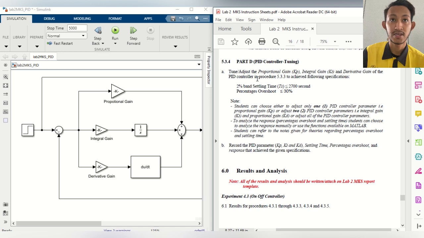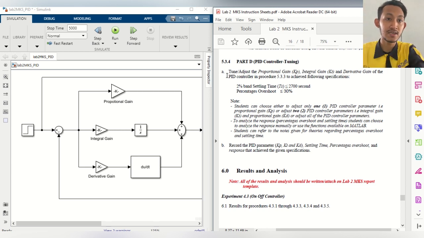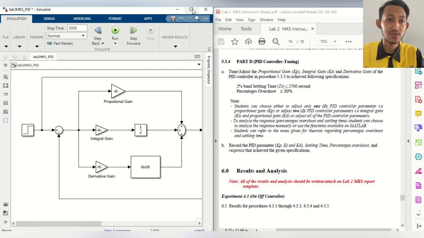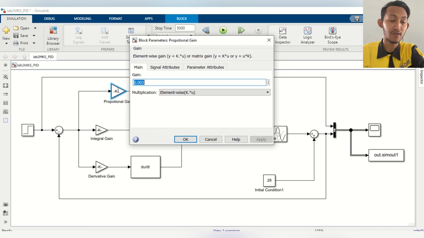So here we can see I'm using proportional gain 0.003. Integral gain I'm using 0.00009, and for derivative I will be using 0.05.